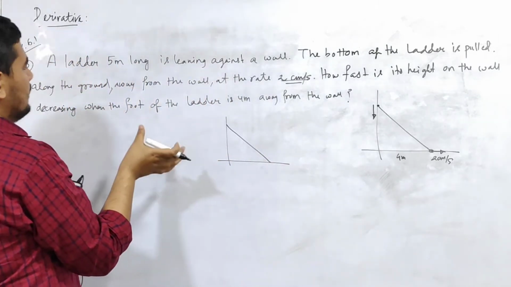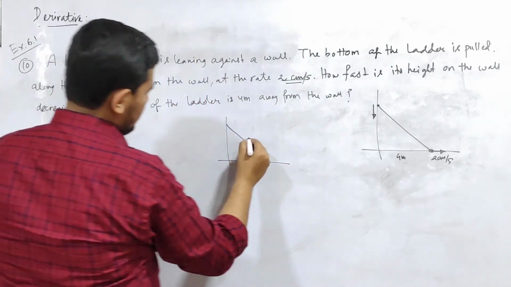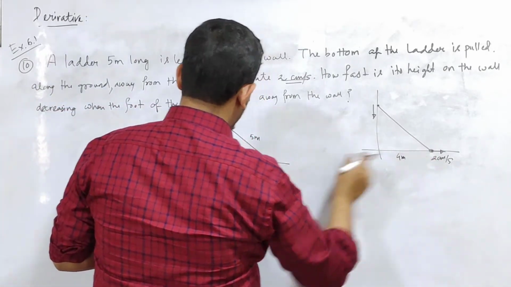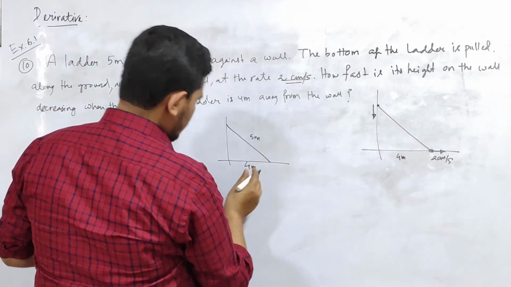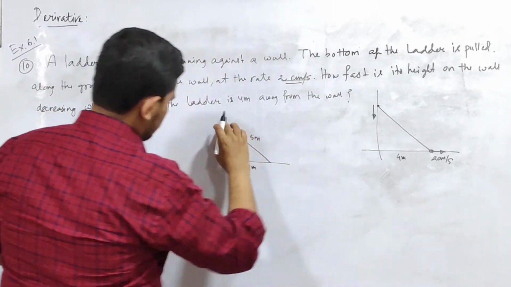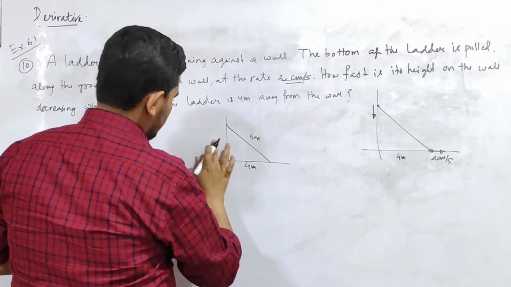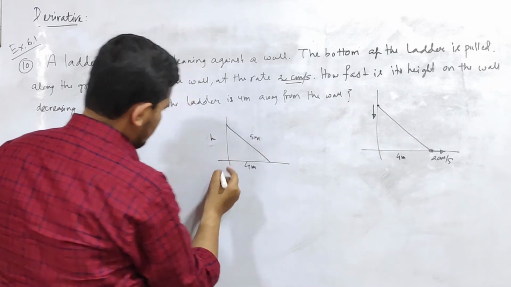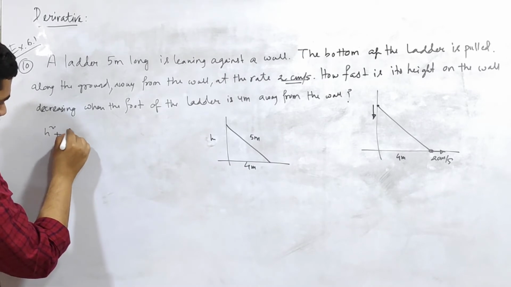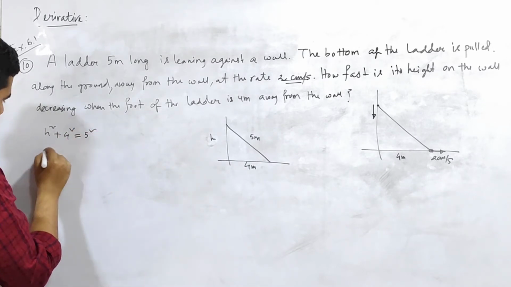we are given the length of the ladder. So length of the ladder is 5 meter. This point is 4 meter. So from the Pythagoras theorem, we can write this. Let's suppose this is h. So h square plus 4 square equal to 5 square.